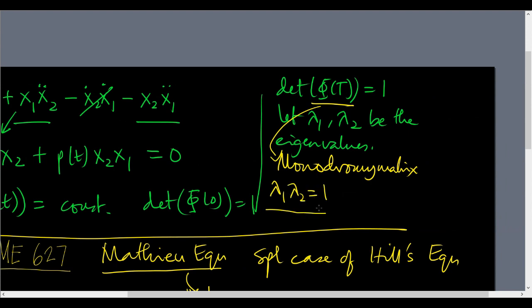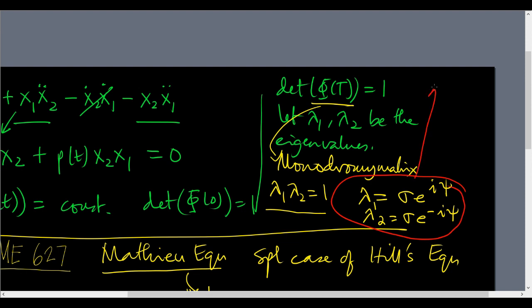So either lambda 1 is sigma e to the power i psi, and lambda 2 would be sigma e to the power minus i psi, in which case lambda 1 times lambda 2 is equal to sigma squared, so sigma is 1. So in this case we have lambda of modulus 1, and that's stable.